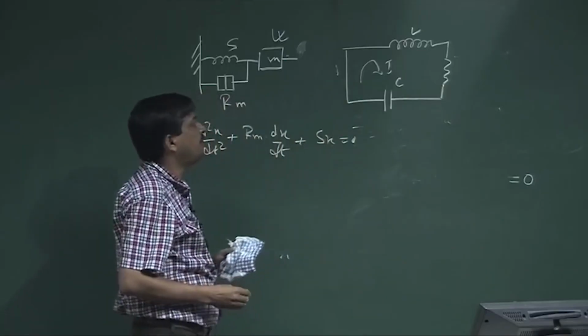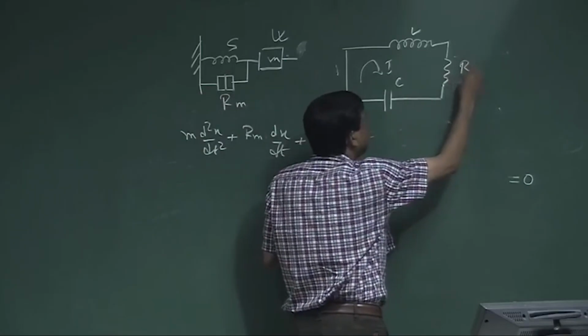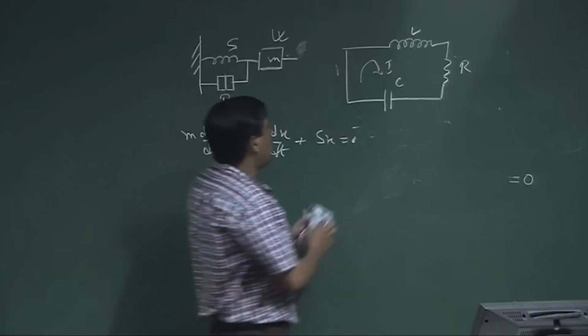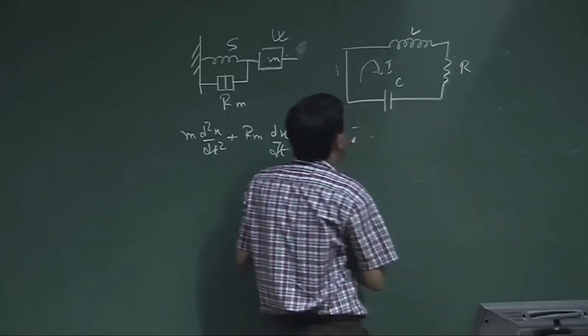Similarly, I add an electrical resistance R here. Then what is the equation of this electrical circuit?